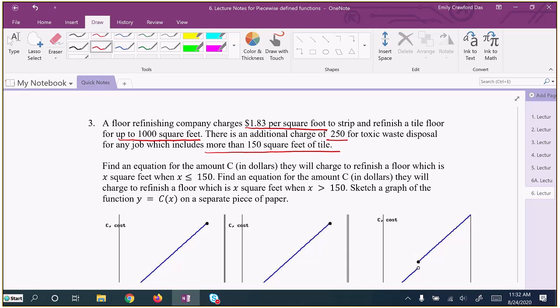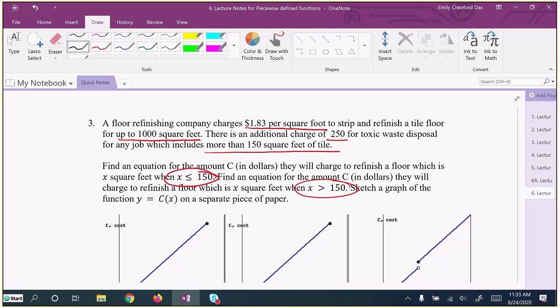So we want to find an equation for what they will charge to refinish a floor. It says when x is less than or equal to 150, when x is greater than 150, and then sketch the graph. So this becomes a piecewise function because we have these two different situations. What happens when x is less than or equal to 150? What happens when x is greater than 150?